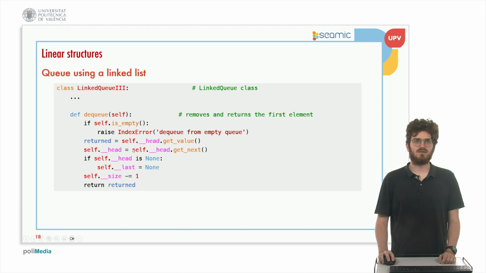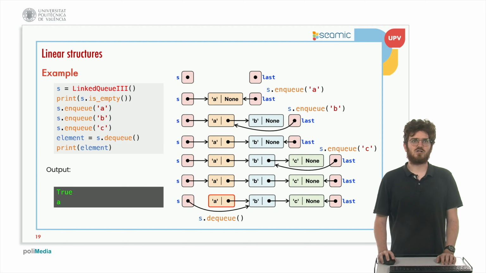We update the head to point to the next element after the current head. And we need to add an extra check. Why? Because if this was the last element and the head is now empty, then the last element needs to be updated such that it is now none, as the list is empty. And finally, of course, we need to remove one from the size, as we have removed one element from the queue itself. Let's see it in action.